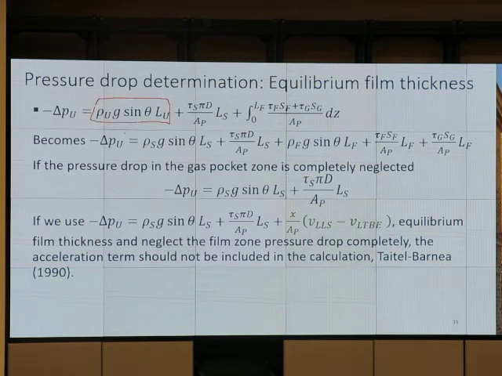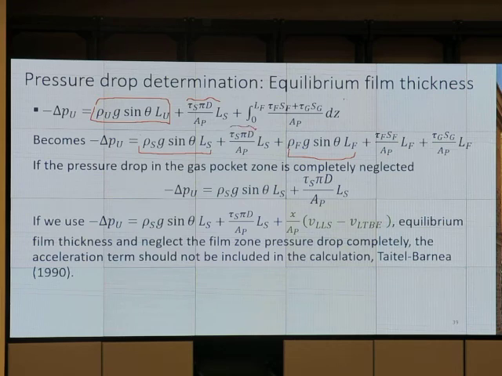we split it, so that is rho u, which is the slug unit. We split it into a gravitational term from the slug and a gravitational term from the film. This split is with no assumption. The second one is the shear stress or friction term from the slug body. Of course, we keep it.